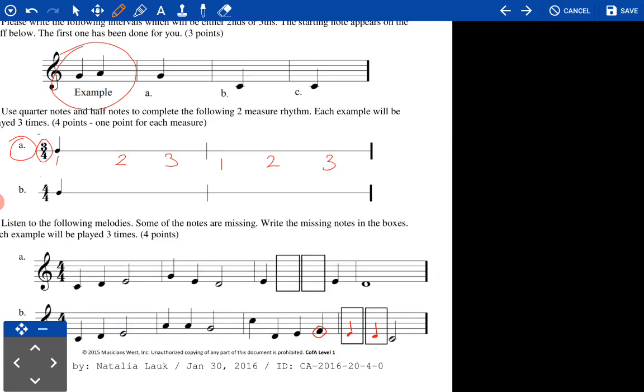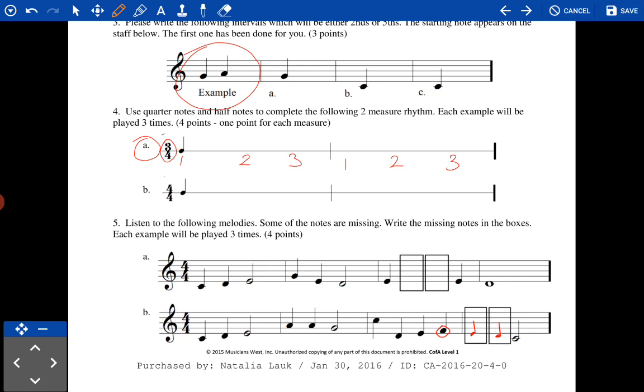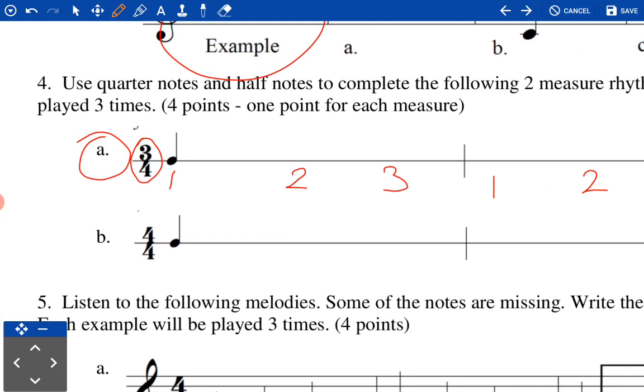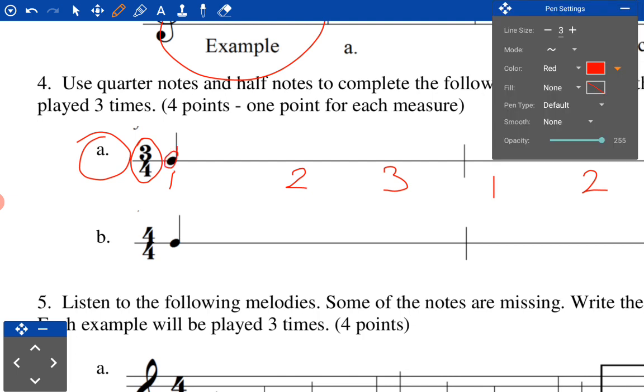Okay, now let's say you listen to music that sounds like this, and remember the first note is done for you. 1, 2, 3. 1, 2, 3. 1, 2, 3. Did you hear that the first note actually was going for 2 beats? So, since this one started with a quarter note, let's say if it hadn't been done for you, you would have to change it to a half note, right?